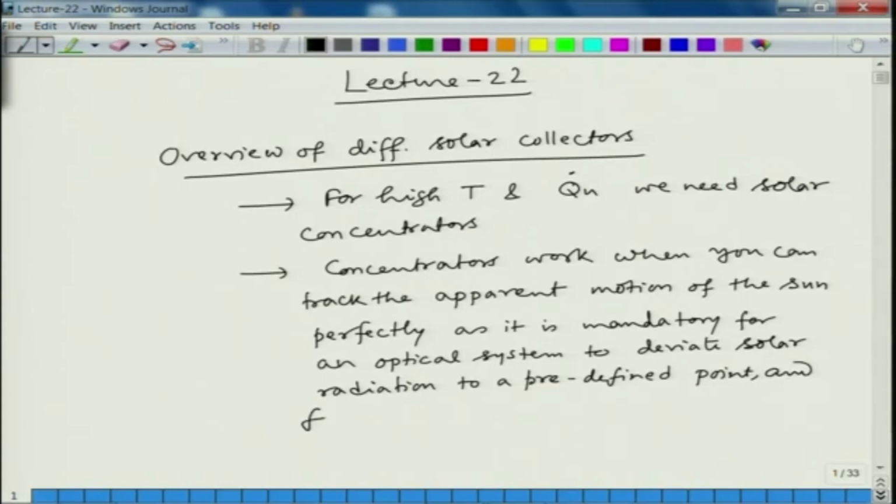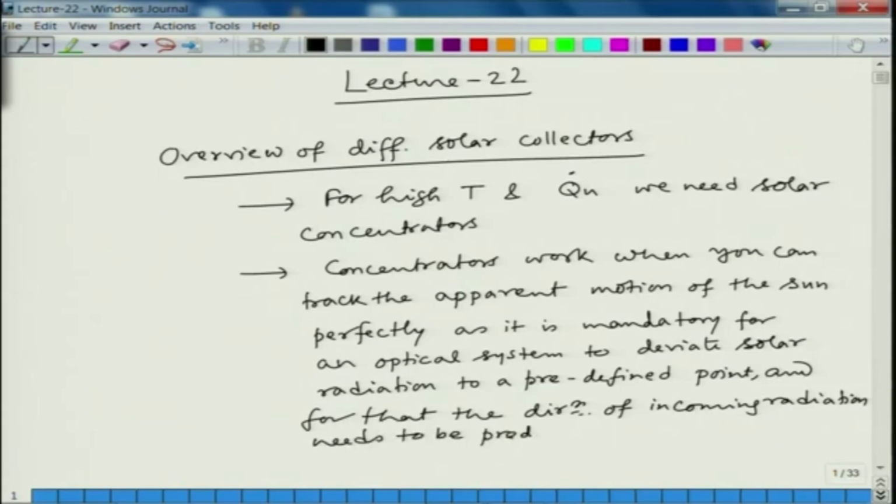For that, the direction of incoming radiation needs to be predictable. Otherwise, the direction of incoming radiation changes, and if your optical system does not track it, it will keep the same orientation and the deviated ray will go somewhere else, which you do not want.